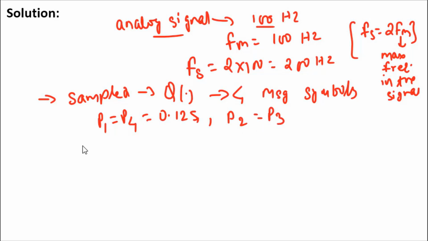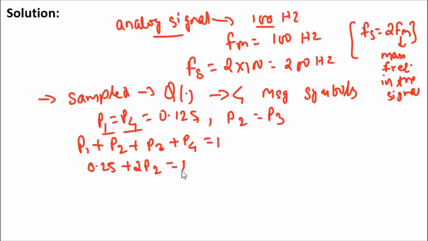So by using total probability equal to 1, you can write P1 plus P2 plus P3 plus P4 equal to 1. By putting P1, P4 as 0.125 and P2 equal to P3, you get 0.25 plus 2 times P2 equal to 1, and you get P2 equal to 0.375, which is also equal to P3.